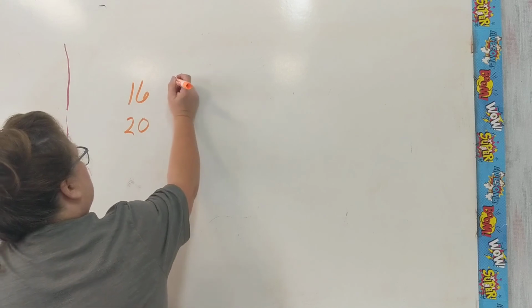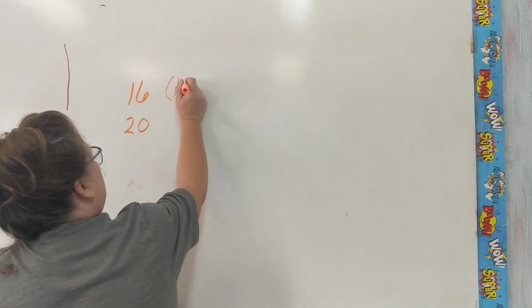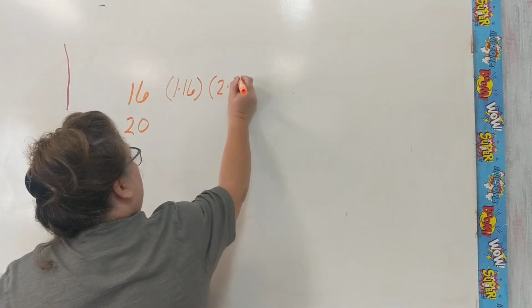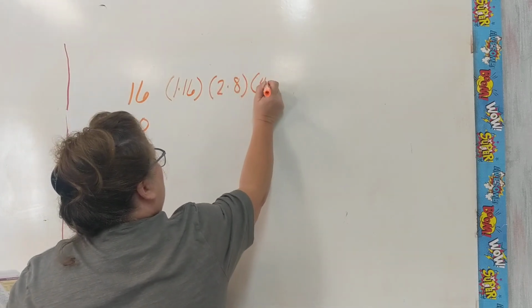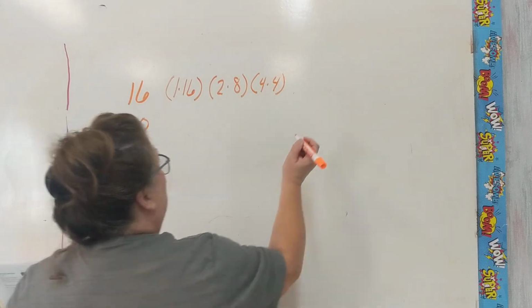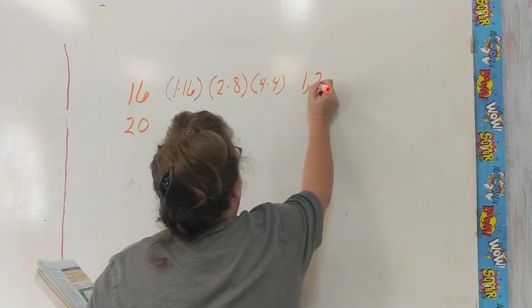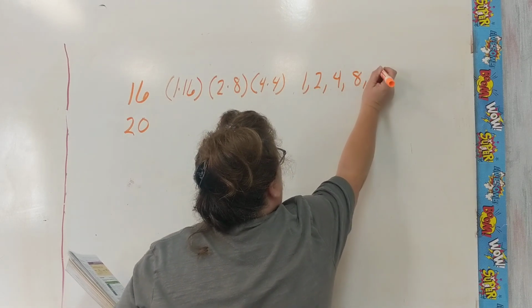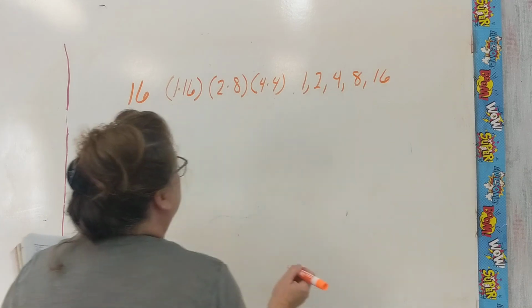So our factor pairs for 16 are 1 times 16, 2 times 8, and 4 times 4. So our factors for 16 in numerical order would be 1, 2, 4, 8, and 16.